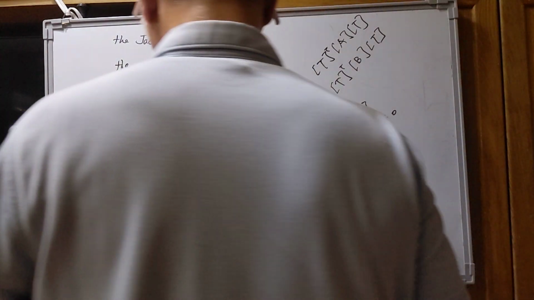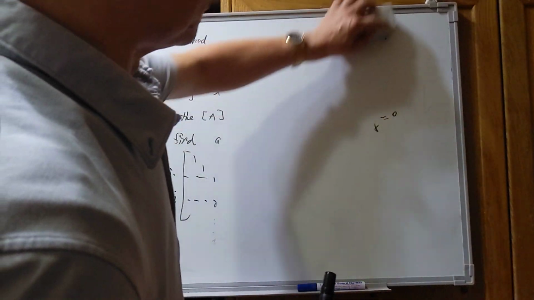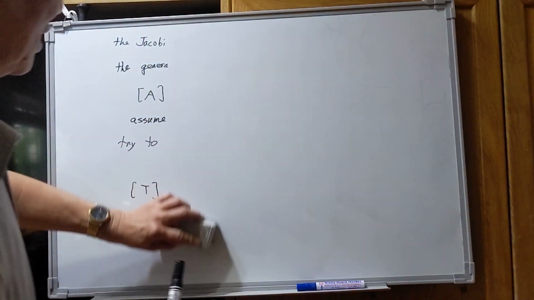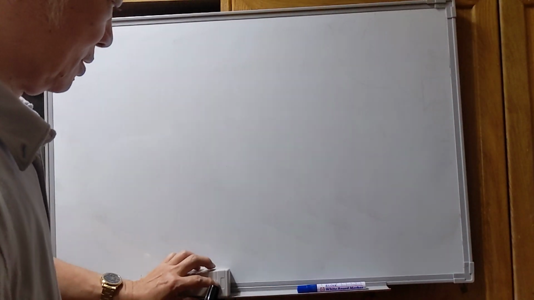Okay. And now I will try to derive what should be the alpha and gamma values.